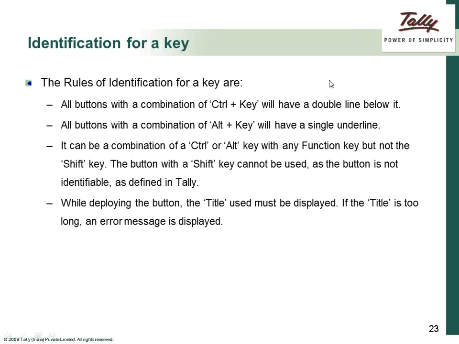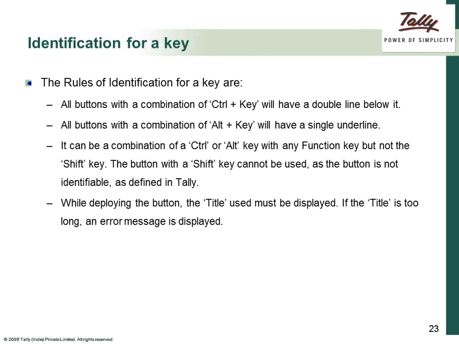Okay. So we added a button. Now there are certain rules of identification of the key. You can have Control plus key, you can have Alt plus key, but a combination of Control plus Alt with Shift is not allowed in a button, because we do not have anything to identify Shift.